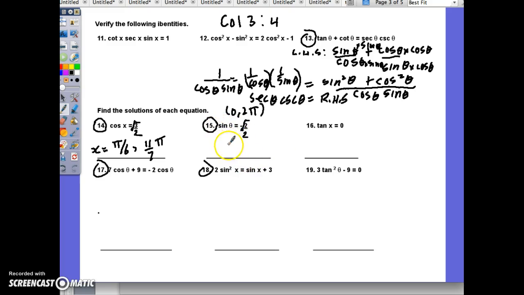How about this one? Equation where sine theta is equal to negative root 2 over 2. Well, you know sine is positive in the first quadrant, the second quadrant. So this could not be first quadrant. Theta could not be second quadrant. Wherever you see root 2 over 2 is going to be some kind of pi over 4, 3 pi over 4, 5 pi over 4.